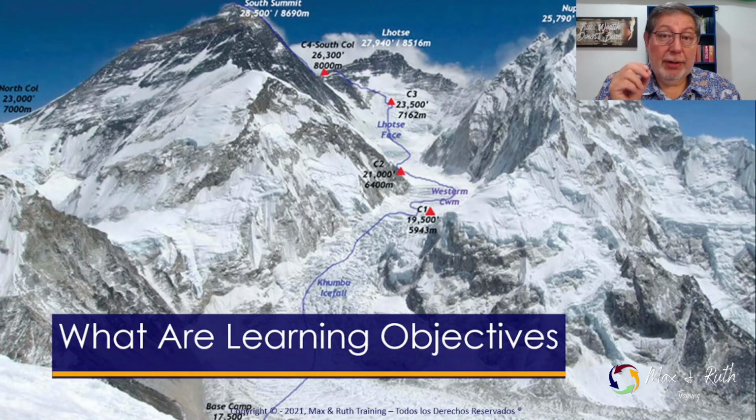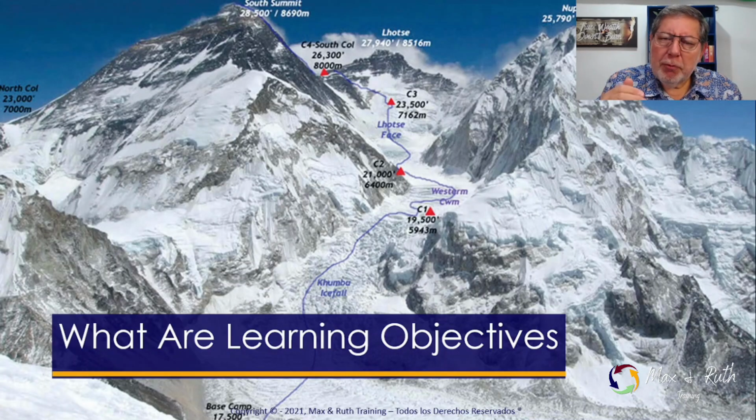And then after a month, when they are used to the environmental conditions, they start climbing. They go first to Camp 1, that is located at 5,943 meters height. Then they go to Camp 2, Camp 3, and finally they reach Camp 4.